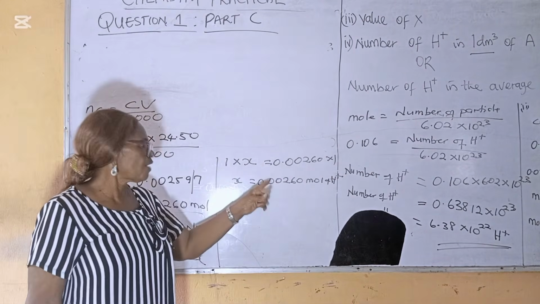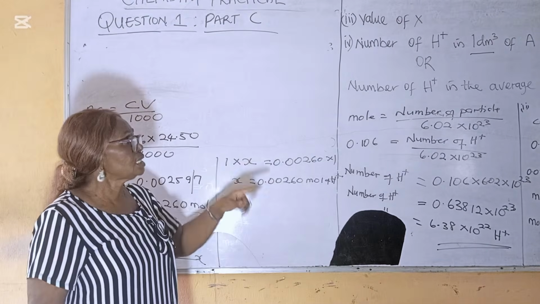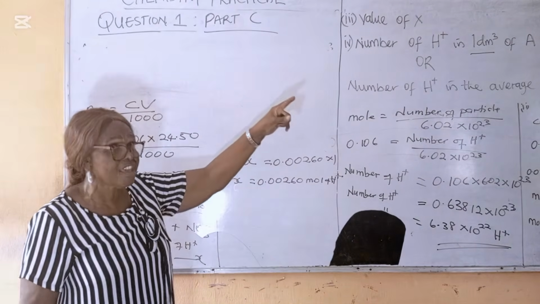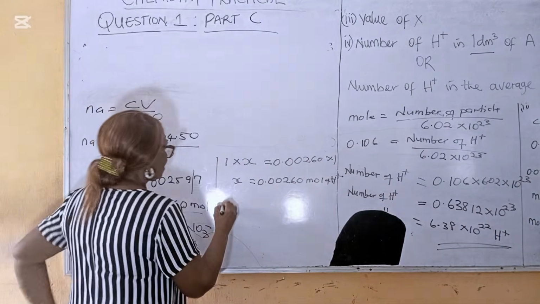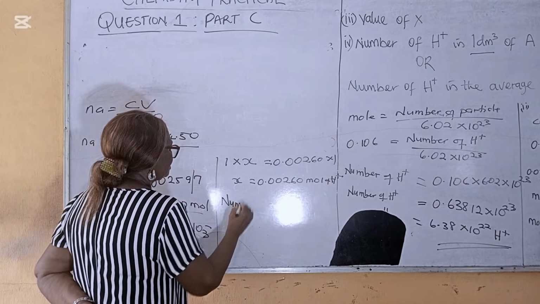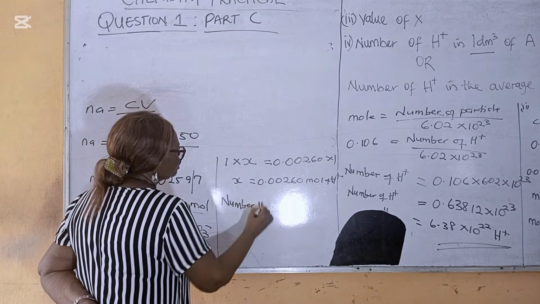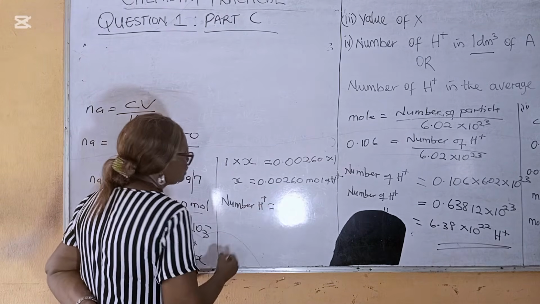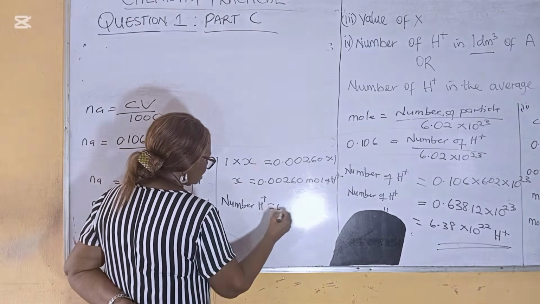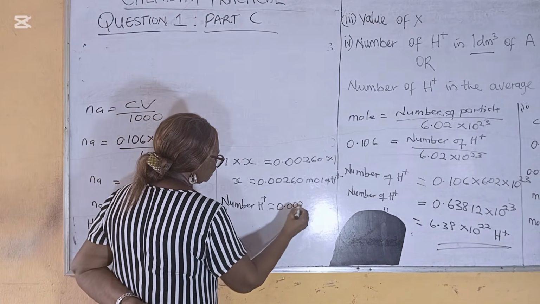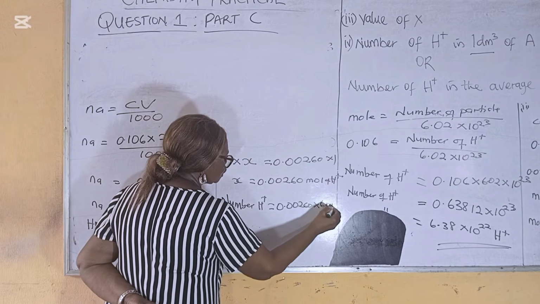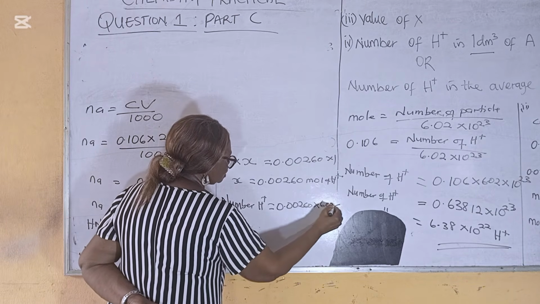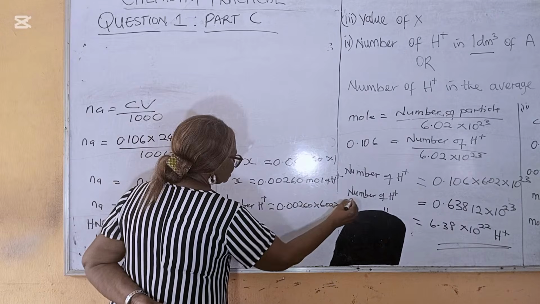This is the amount of hydrogen ion in the average titer of A, but they ask you for number. So what is number? Number of hydrogen ion is this, which is mole, times 6.02 times 10 raised to the power 23.